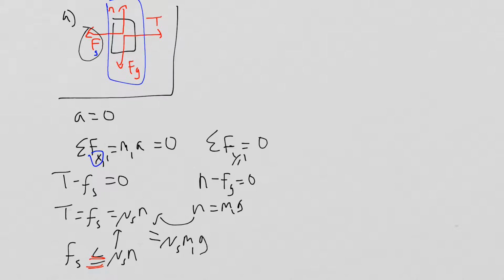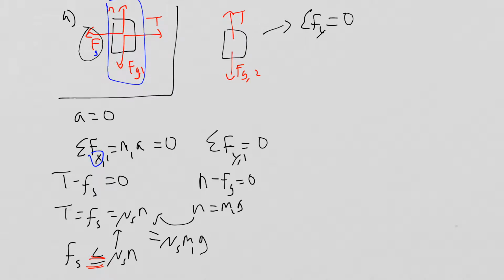That's a problem. But we have a second block, right? Block 2, and its free body diagram is pretty easy, right? Just two forces, tension up and weight down. And so if we take this block and write the net vertical force is 0, right? If block 1 is not moving, block 2 also cannot be moving. They're attached with a string.